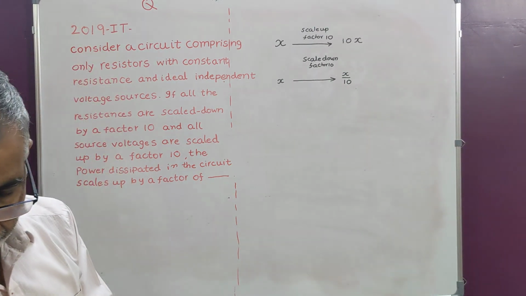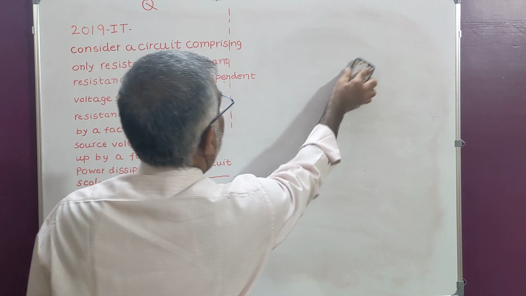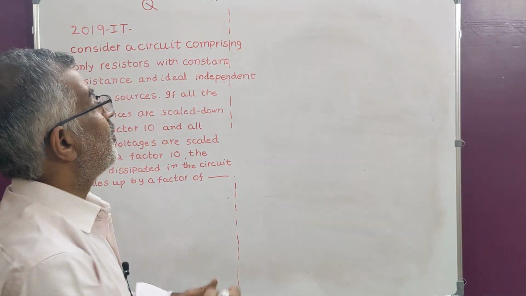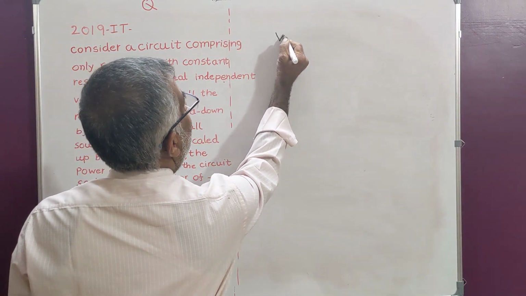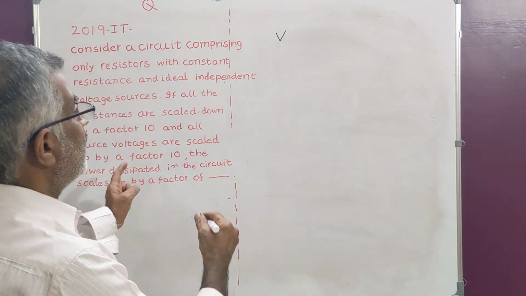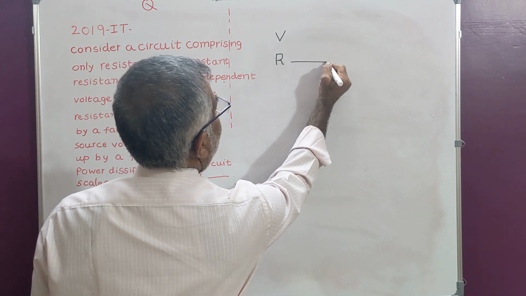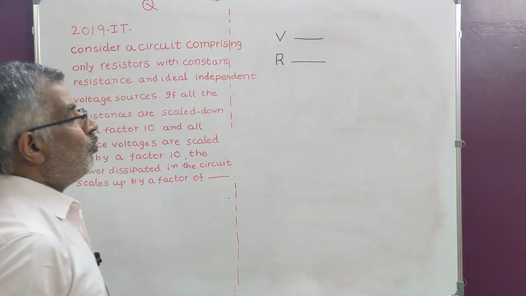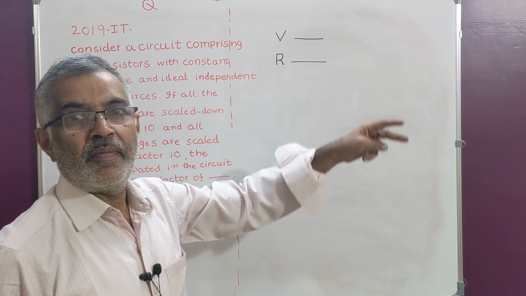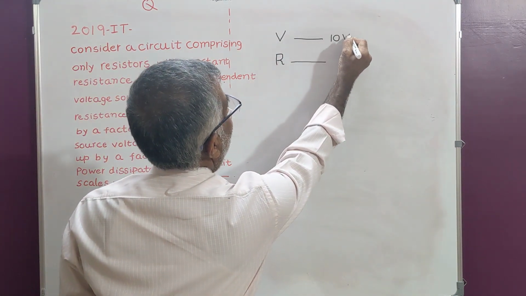Now in this problem, let us first assume that the net voltage in the circuit is V and the net resistance in the circuit is R. Now voltage is scaled up by a factor 10. That means it becomes 10V.